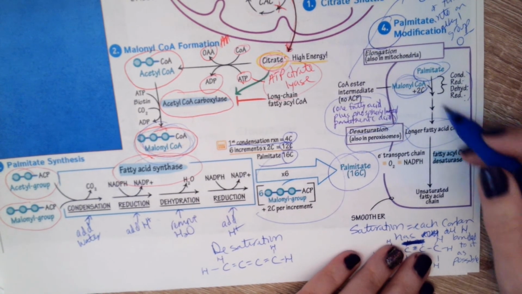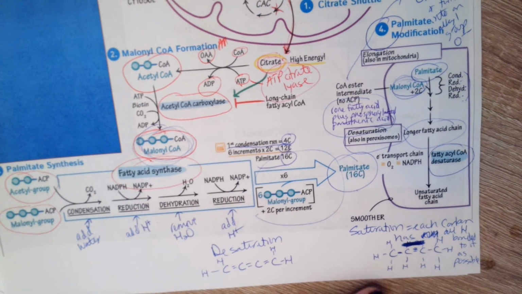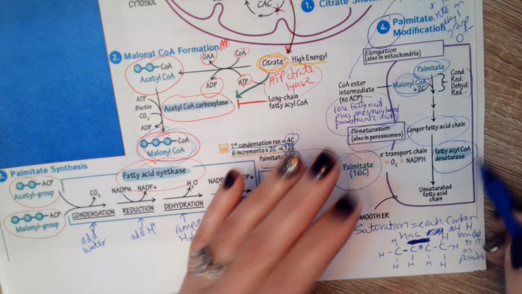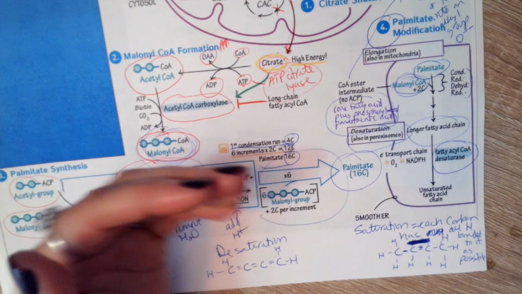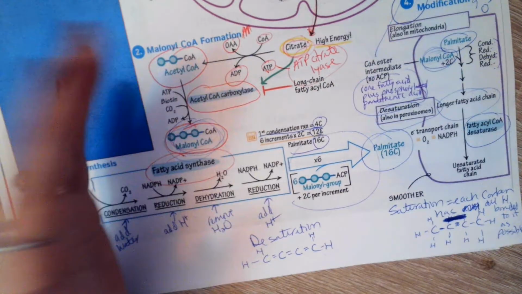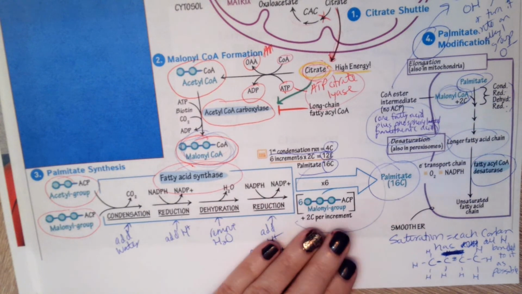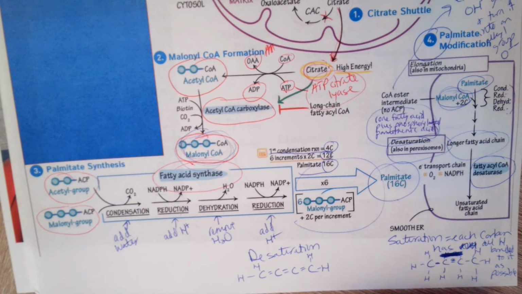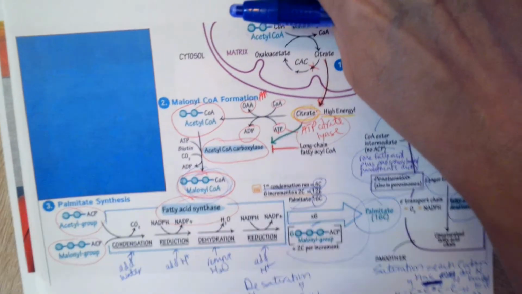So as we keep adding that chain, we can desaturate it with fatty acyl-CoA desaturase. So a desaturase enzyme is going to desaturate it, and that's what this example is showing. We're growing a longer chain of a fatty acid, and we're desaturating it, so taking hydrogens off and making double bonds with our carbons. We could not do that. We could just leave it saturated, not use the desaturase enzyme and have a saturated fat, but still growing a longer chain.